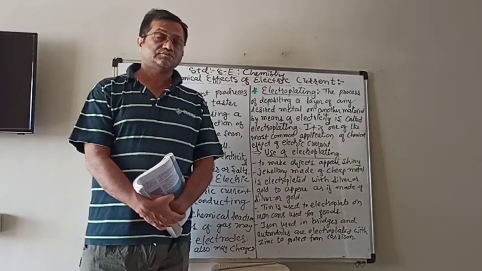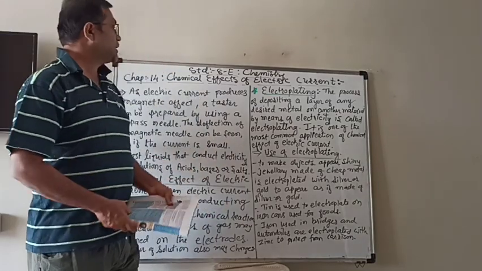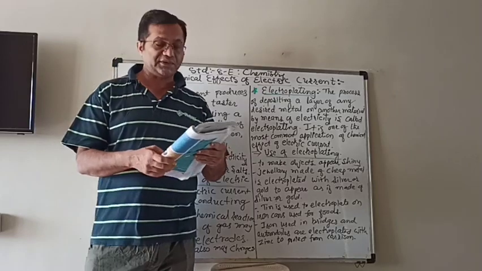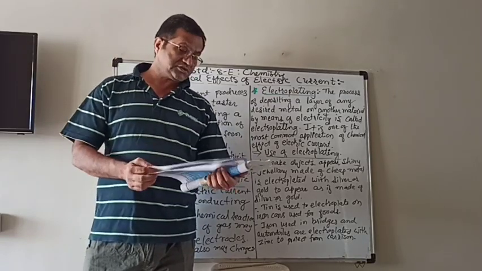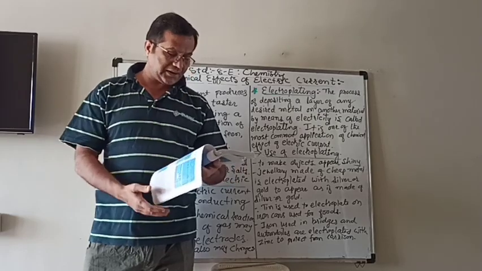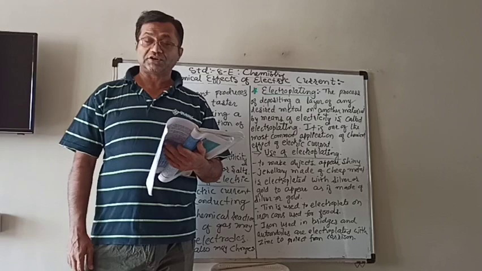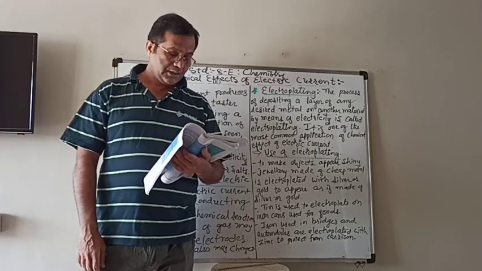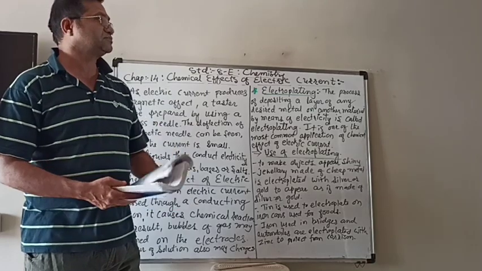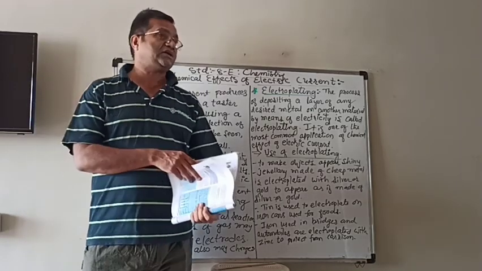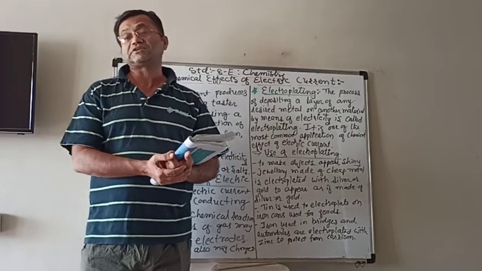Standard 8 in Chemistry, Chapter 14: Chemical Effects of Electric Current. In the last few sessions, we learned about the conductor tester, which checks whether a given material is a good conductor or a bad conductor of electricity.